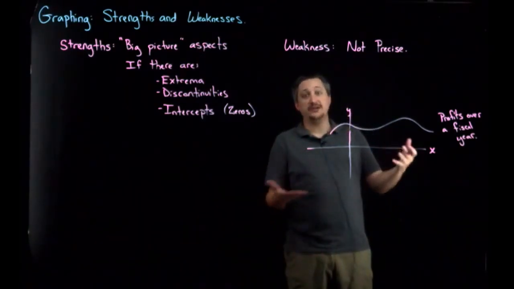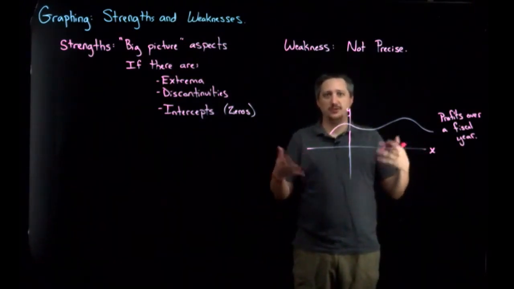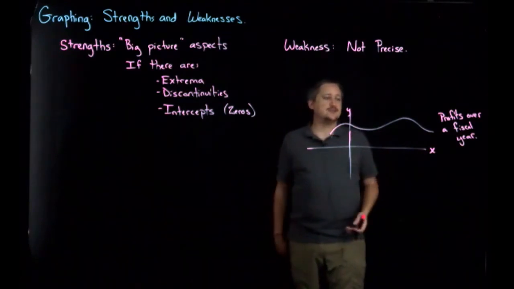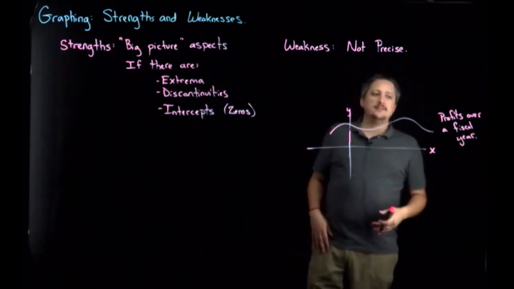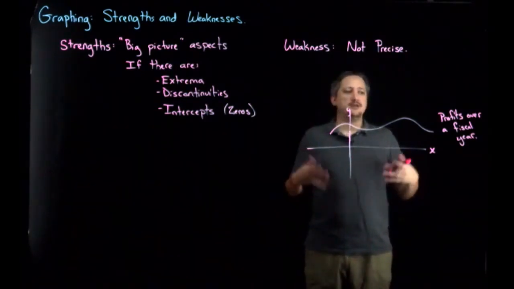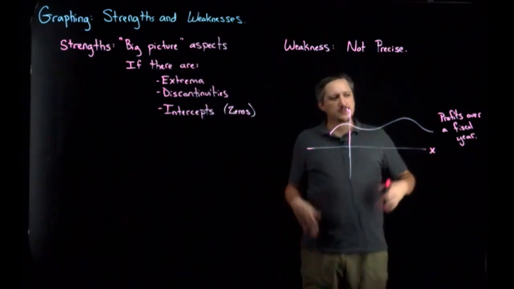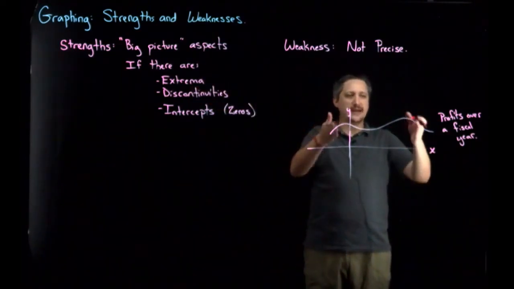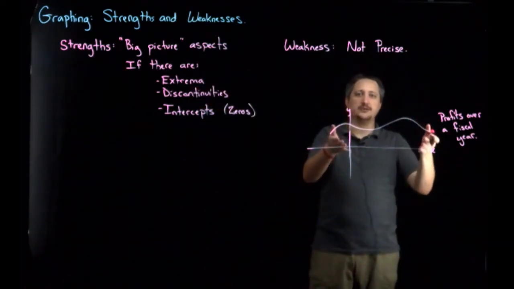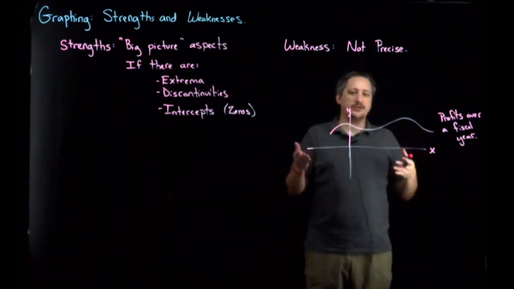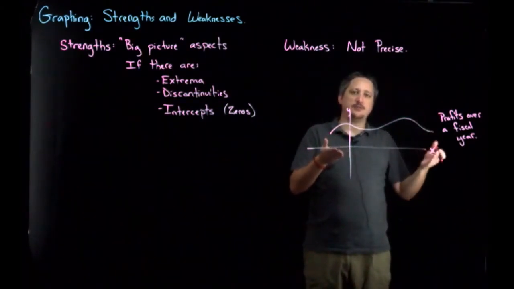So maybe we're not a retail or gift-oriented company. But a little bit prior to that, we did pretty well, maybe in October. So at a big picture level, I get some information about when the company does well versus when it does not as well. Where are the dips versus peaks of our profits?